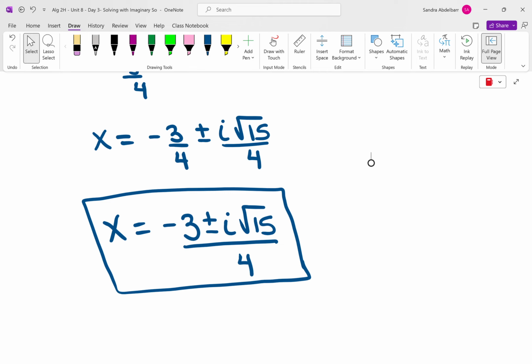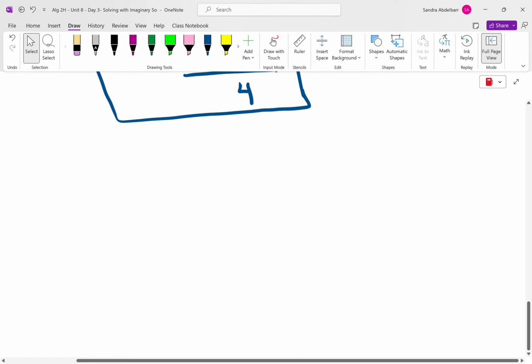Okay, so we solved by factoring, we solved by completing the square. Now we're going to solve by using the quadratic formula.